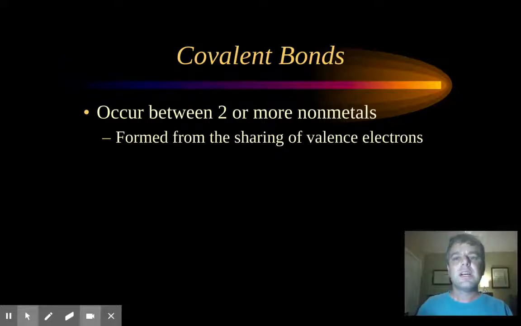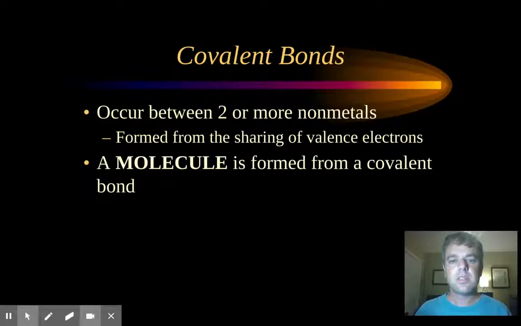And in covalent bonds, they share their valence electrons in their outermost energy level. You may notice that this entire slideshow that we're going through right now is called Chemical Bonding Part 1. In Part 2, we're going to talk a lot more about how this sharing of valence electrons actually works.